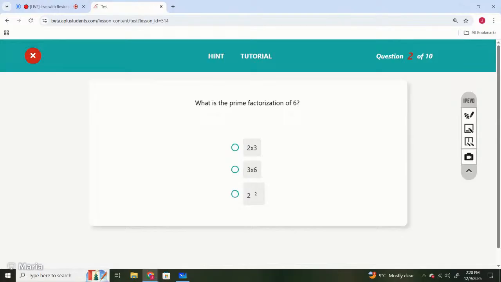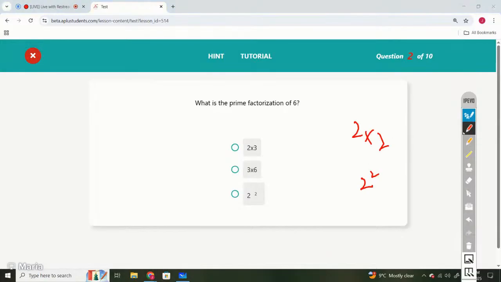What is the prime factorization of 6? The prime factorization of 6 is 2 times 3, right?